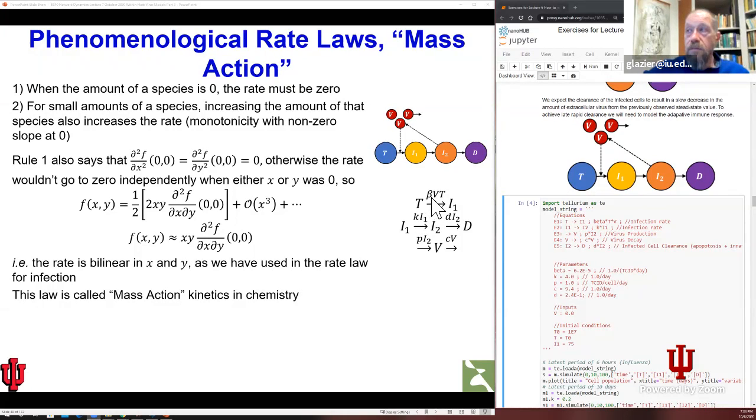And that's what we have here, beta VT. And that's called mass action kinetics in chemistry. If people have had chemistry courses, you'll have seen some kind of derivation of mass action kinetics. You can derive it in a variety of ways. If you do it in a mathematical biology course, this is how they'll do it.